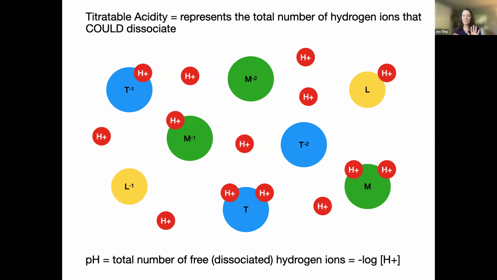So molecule for molecule, tartaric acid is going to move the pH a little bit more because it's more likely to give up its hydrogen ion, and therefore more likely to increase the concentration of dissociated ions. Malic acid is in the middle: it's going to push pH less than tartaric, but more than lactic. And lactic acid is going to have the least impact on pH. So again, for malolactic fermentation, we would hypothesize that we would have a higher pH afterward because we have fewer hydrogen ions being given up to the solution.